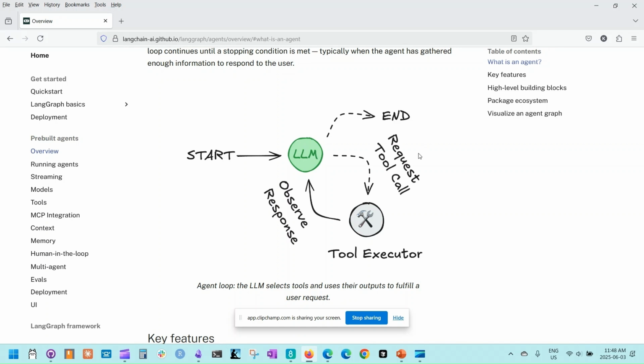LangGraph is also stateful by design, meaning the agents can track and update shared context across the entire graph. That makes it perfect for structured multi-step workflows where it can loop, act like a decision tree, or coordinate with multi-agent systems.